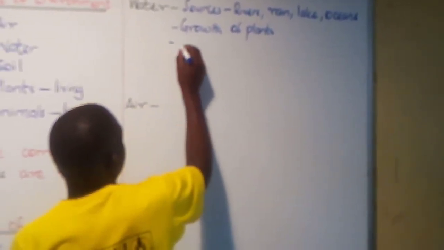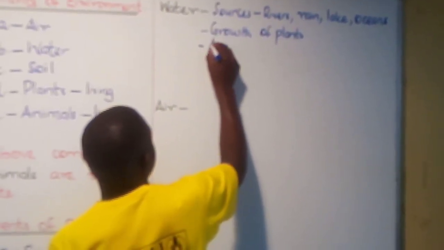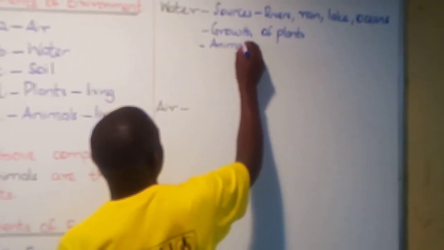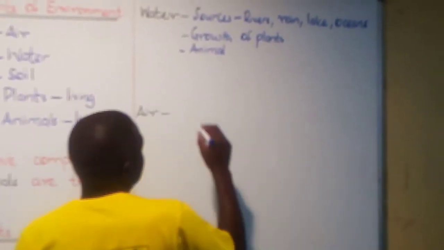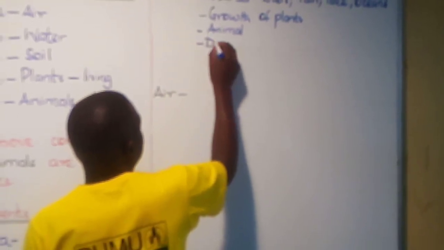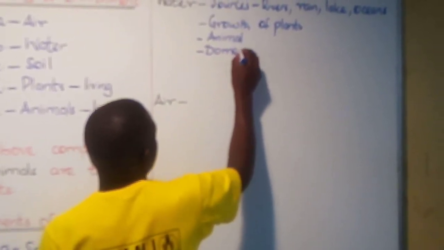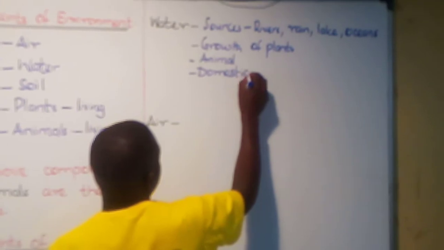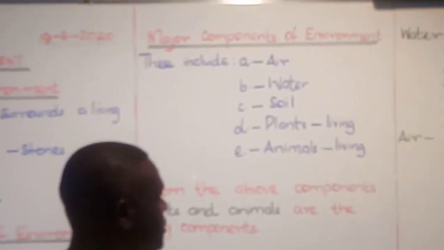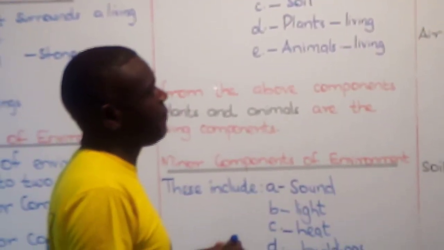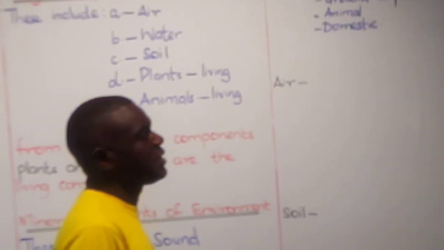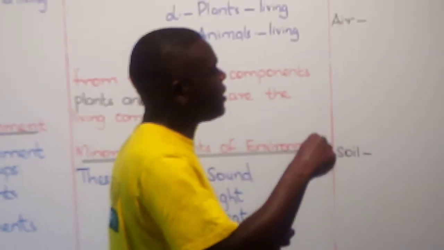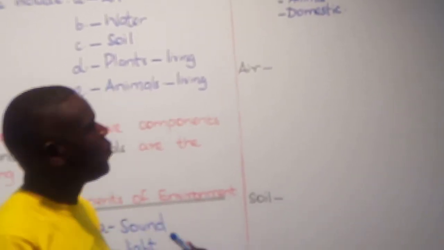Do animals need water? Yes, animals need water. Domestically, water can be used at home for washing clothes, washing the houses, the utensils. Then it can be used in farms for irrigation, for the growth of plants. Washing our body, we need water.